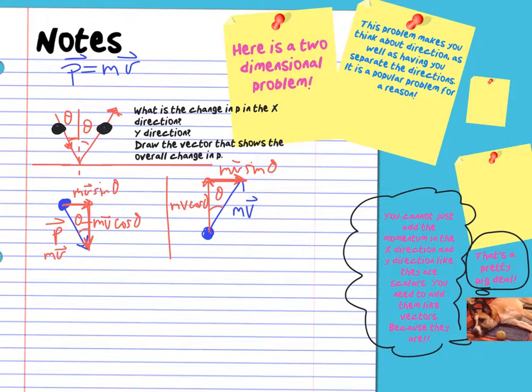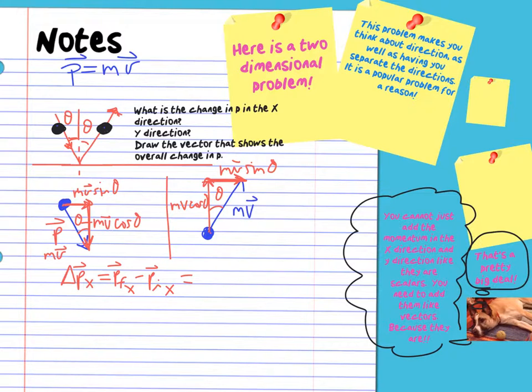Well, if I wanted to find out the change in momentum in the x direction, that is my final x minus the initial x.